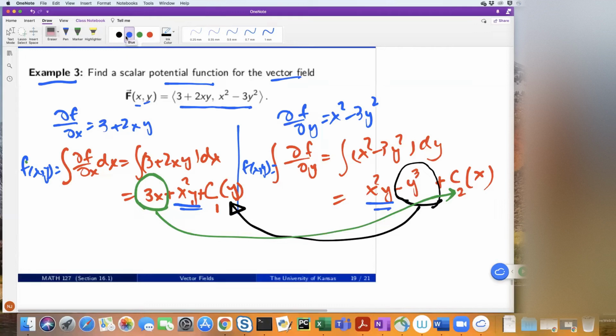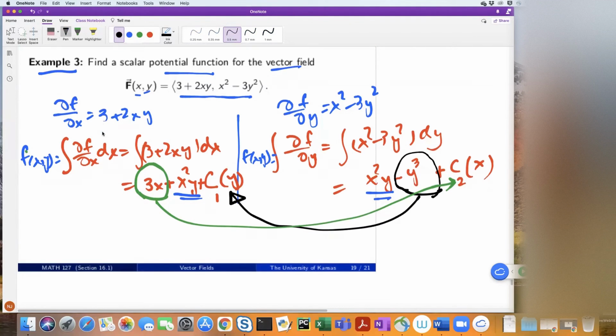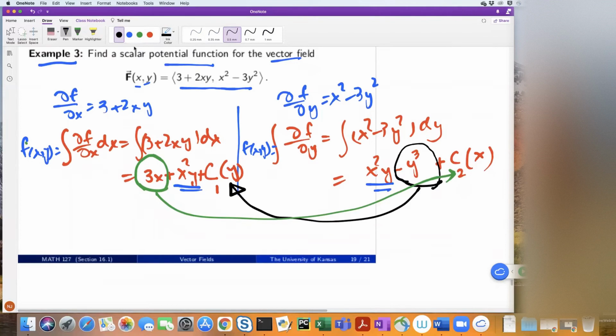I cannot take the antiderivative of polynomials, so that's okay. But now, what do I do? I'm thinking basically f of x and y is 3x plus x squared y minus y to the third.